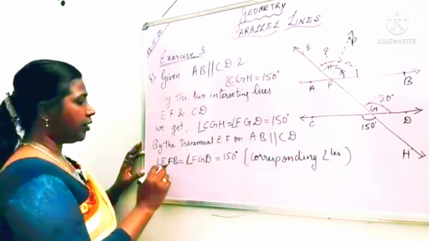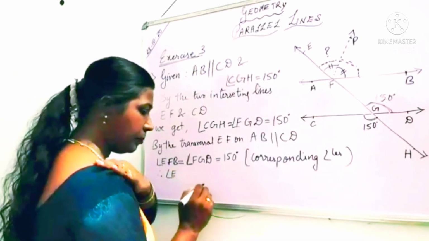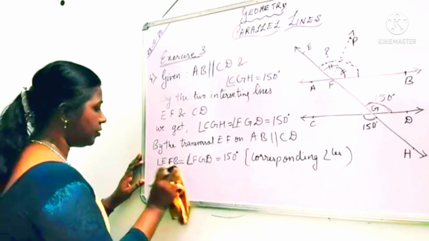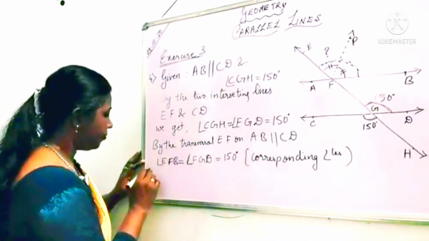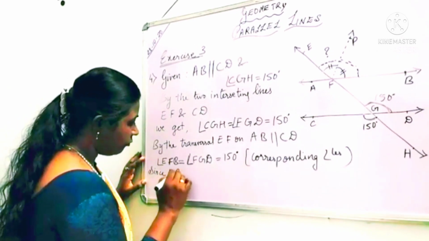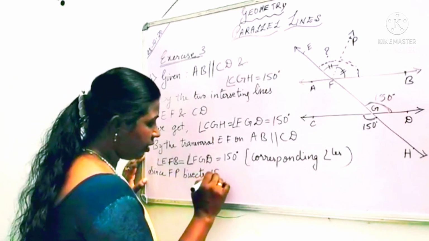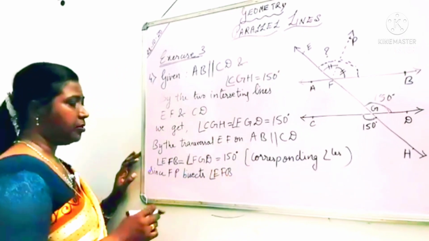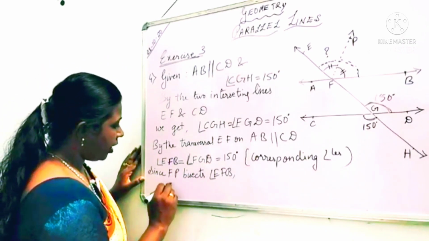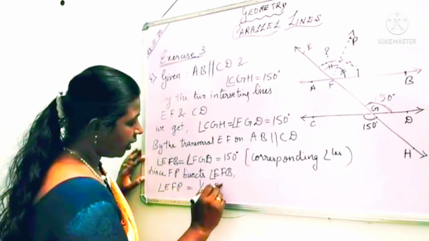So what we will write: therefore, since FP bisects angle EFB, which is a given part, angle EFP is equal to half of angle EFB.